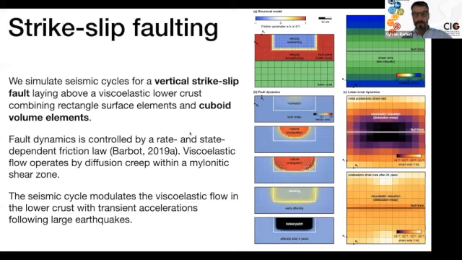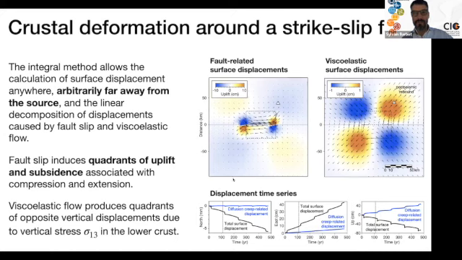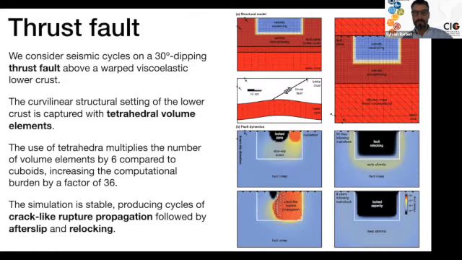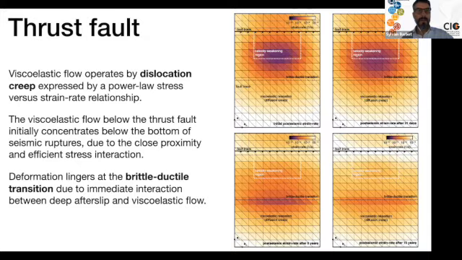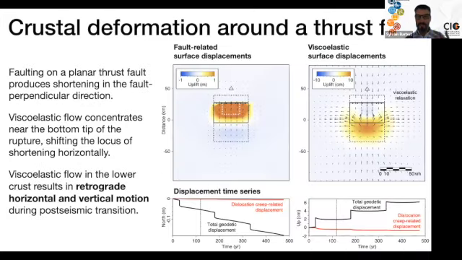So we have examples of simulations on a strike-slip fault with cuboid volume elements. They can predict surface displacement at any arbitrary distance from the model. So that's the advantage of the boundary integral method. We can also do it for thrust faults with tetrahedron volume elements, capturing realistic structural complexity, and again explain the deformation that happens at the surface.